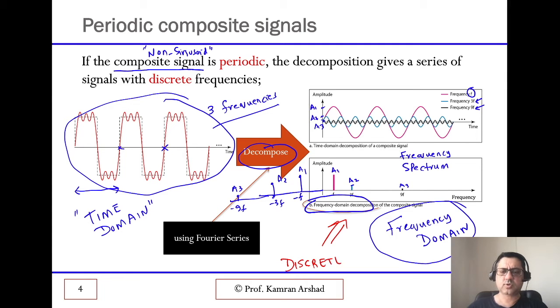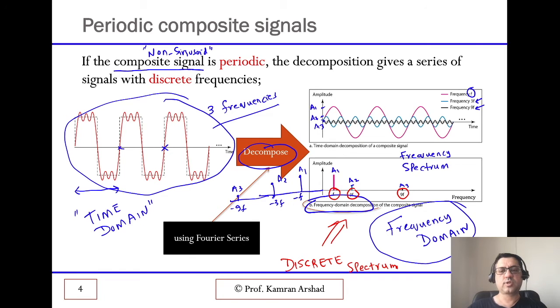What is meant by discrete? I think by now all of you know very well. Anybody tell me what is meant by discrete? Yes, very good. A discrete spectrum simply means that on the frequency axis you have one frequency here, another frequency here, and another here, but between 3f and 9f there is no frequency.